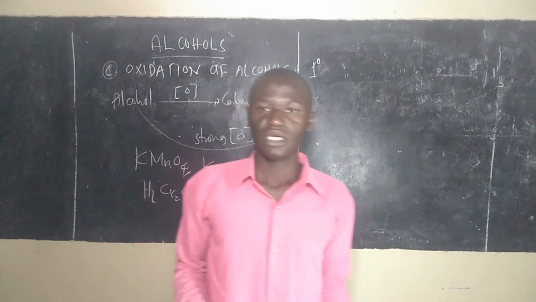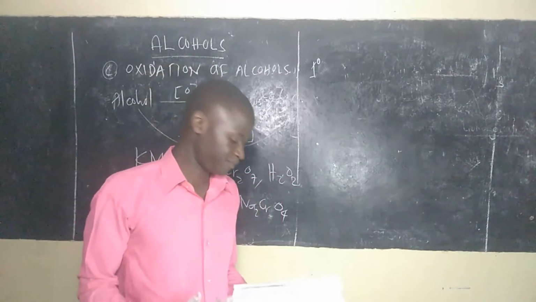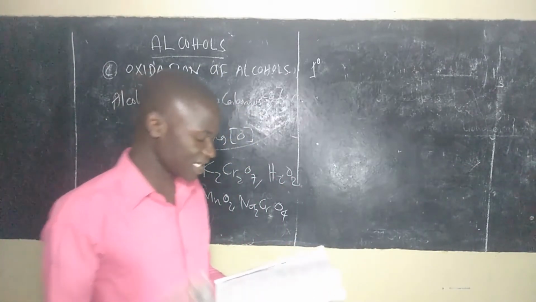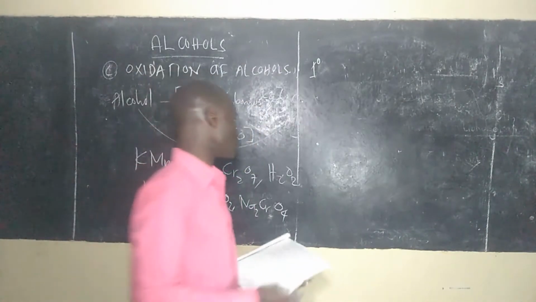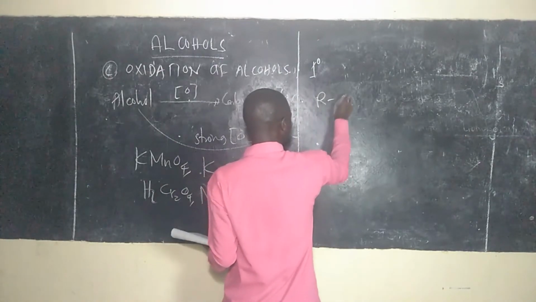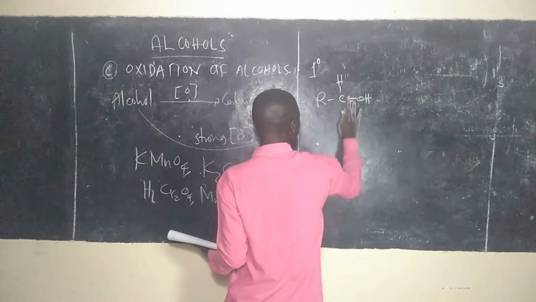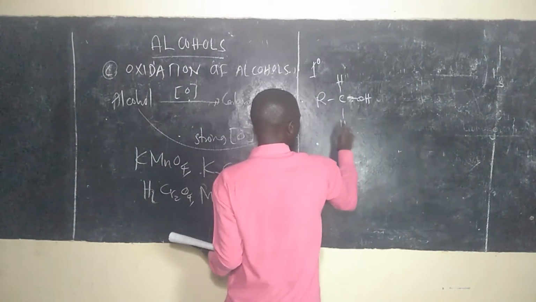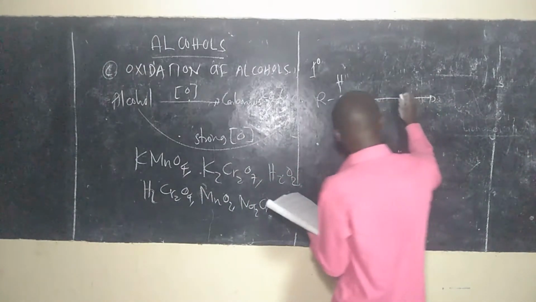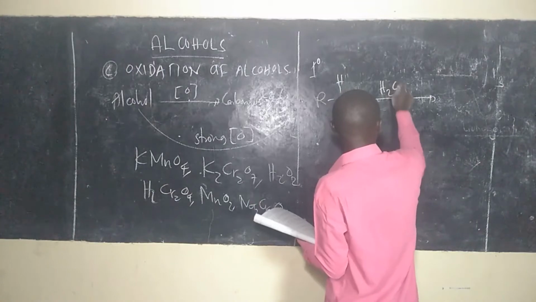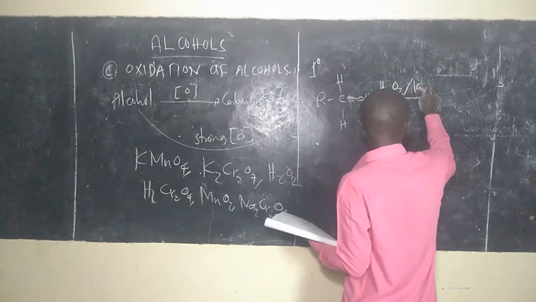Primary alcohol in the presence of strong oxidizing agent zitatengeneza carboxylic. So if strong oxidizing agent are treated with primary alcohol, carboxylic acid are formed. So tutakuwa tuna mfano R, C, hydrogen, hydroxide, then hydrogen. In the presence of strong oxidizing agent, either huyo hapa au potassium permanganate.